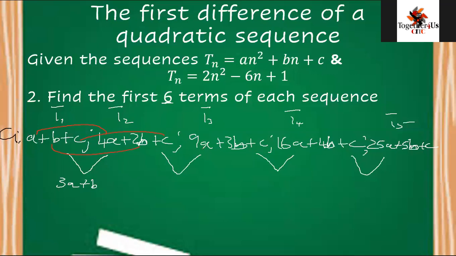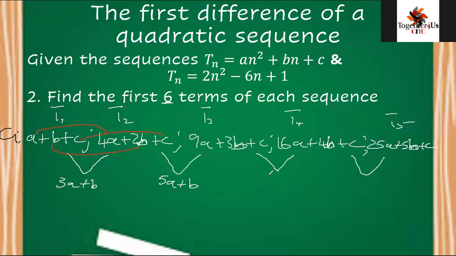All right, so let's go ahead. Here you must be having 5a, because 9 minus 4 is 5, plus b, and c is out as expected. Then again 16 minus 9, that's the next step. I hope you are still with me.